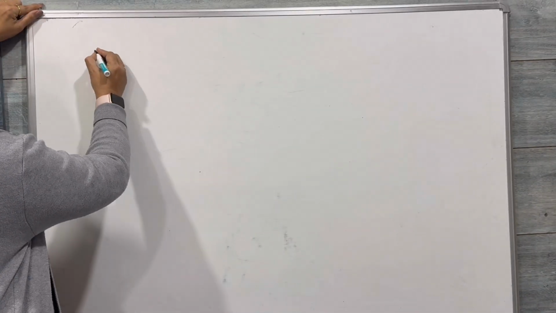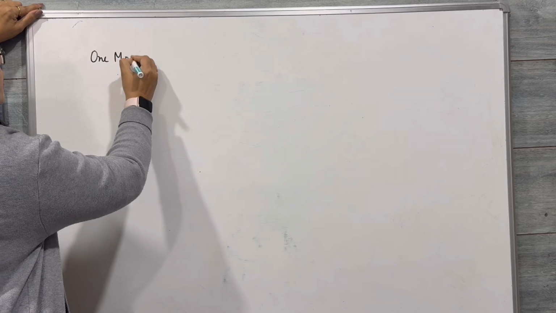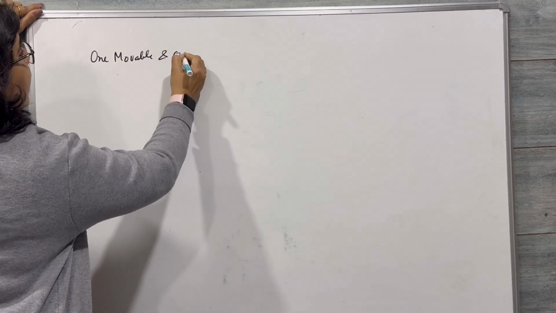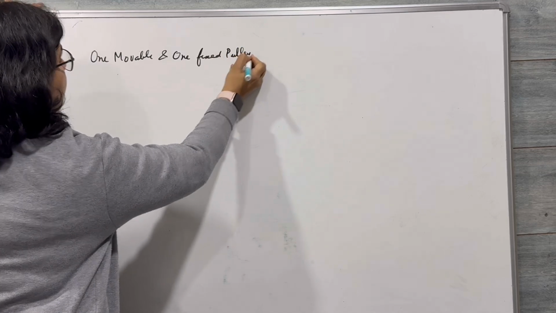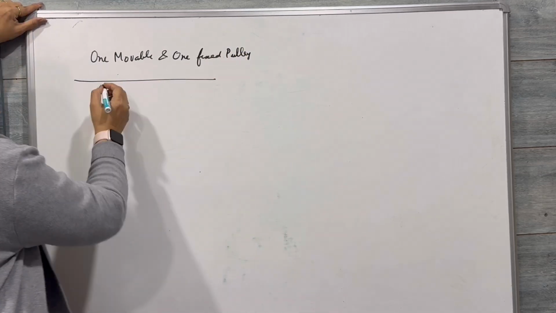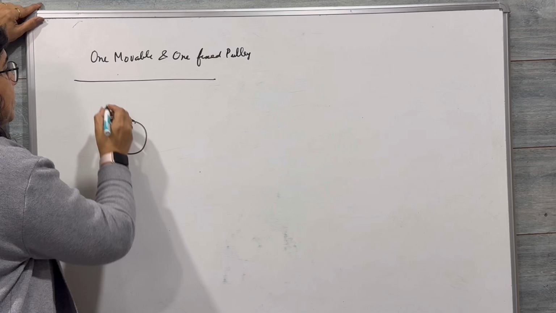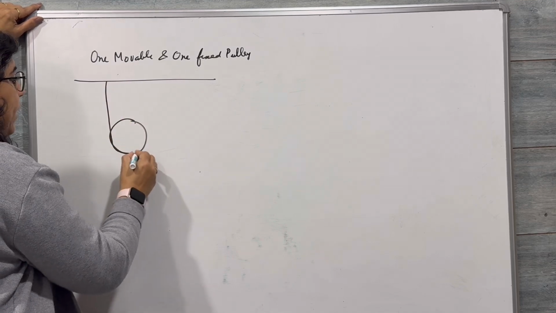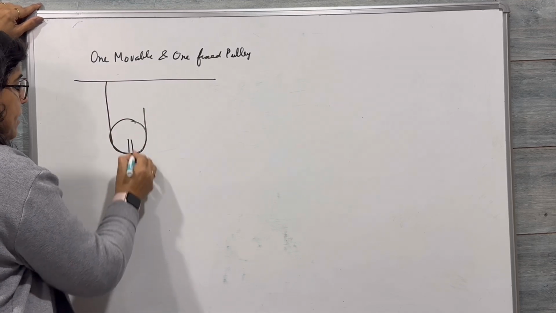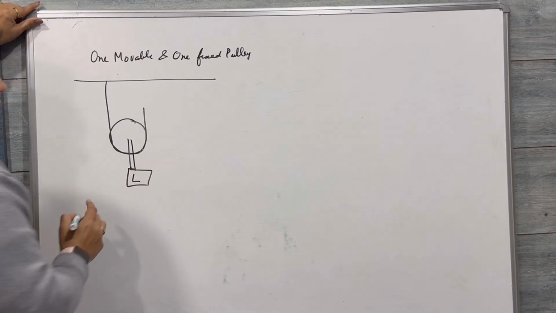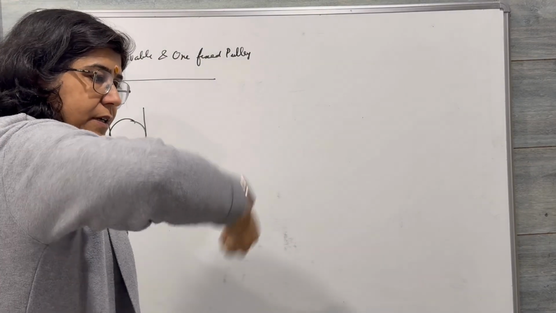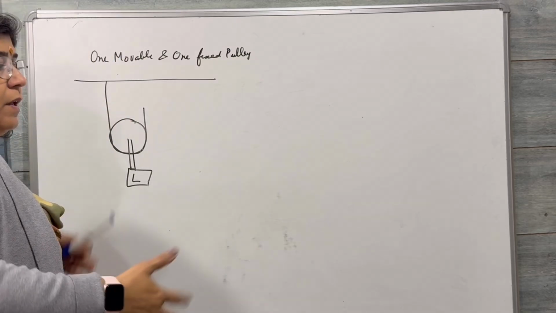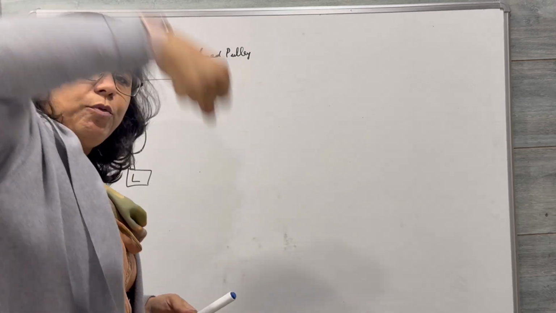The third kind of pulley that you have is one movable and one fixed pulley. Now how do you make it? You had a movable pulley, you tied a rope to it and you attached the load to it. We did it in the previous case. Now this effort is upwards, which is very inconvenient to pull something up.